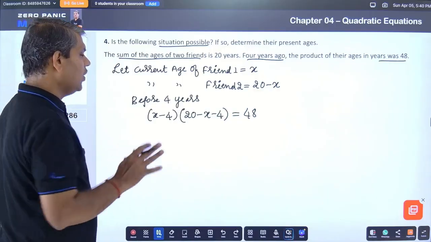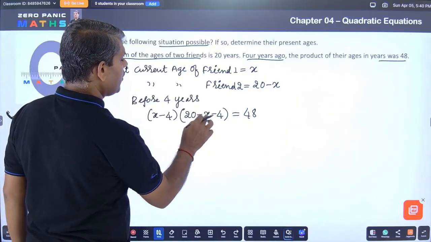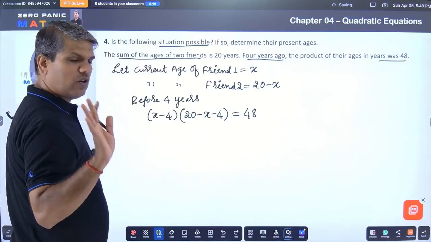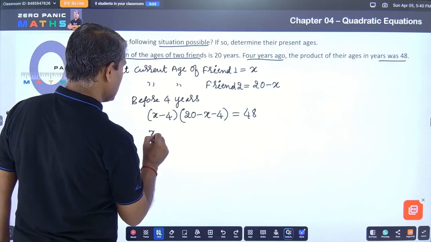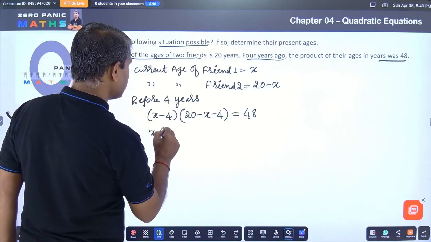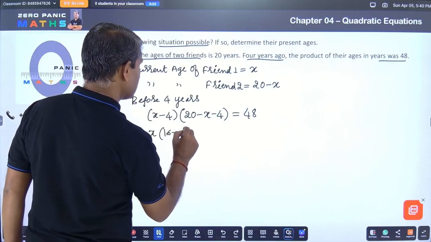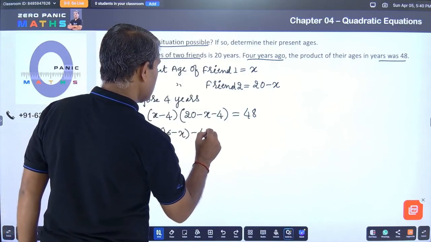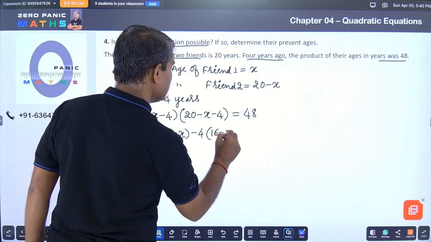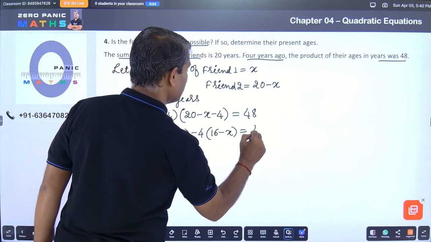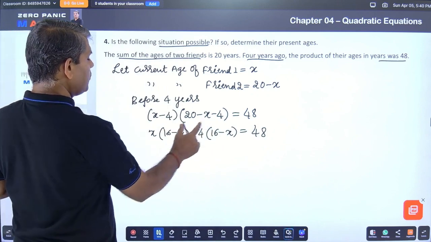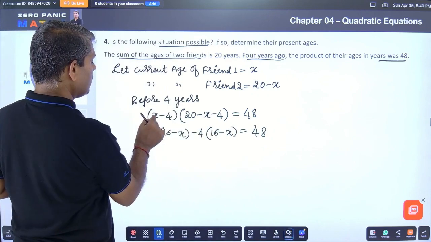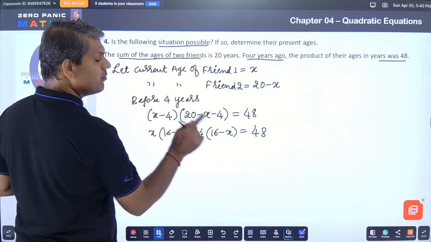Understood this? This is 20 minus 4, 16 minus x. So let us multiply x with 16 minus x once and minus 4 with 16 minus x to make it simpler, right? I am taking 16 minus x twice, once with x and once with minus 4.